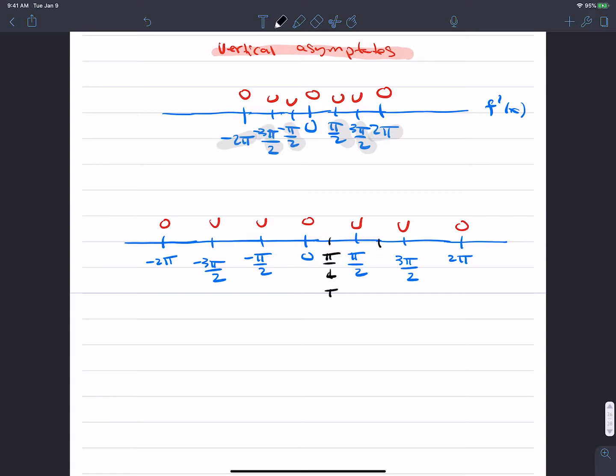Could we use pi there? Okay, that's a good selection. And then on the other side, minus pi over 4 as a test point. And how about over here? Minus pi. And then what about over here as a test point? What's between 270 and 360?